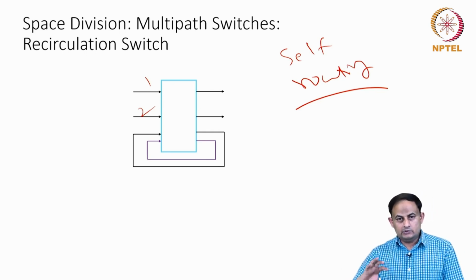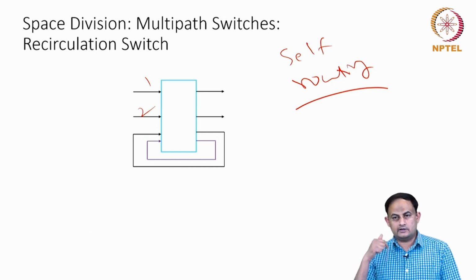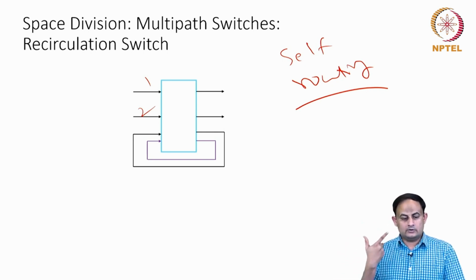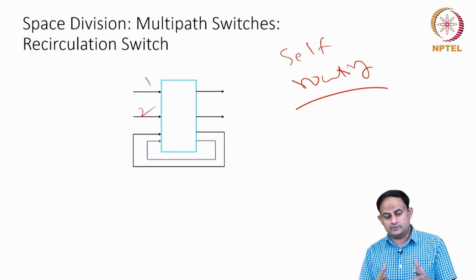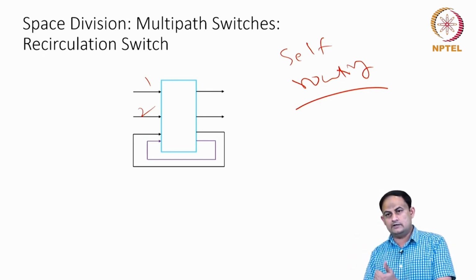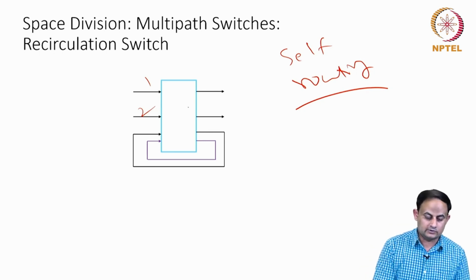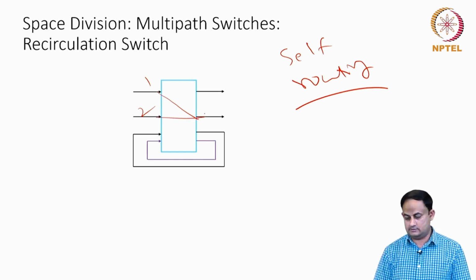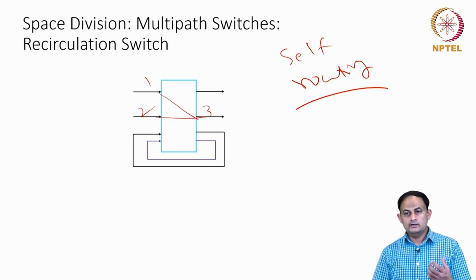And once we lose the central control, because the forwarding decisions or establishing the links between the input and output ports are done in a distributed way, the two of them can parallelly decide at the same time instant t, I can transmit to port number 3. So for example, 1 also wants to establish a link to port number 3, and 2 also wants to establish a link to port number 3, and here is your port number 3.